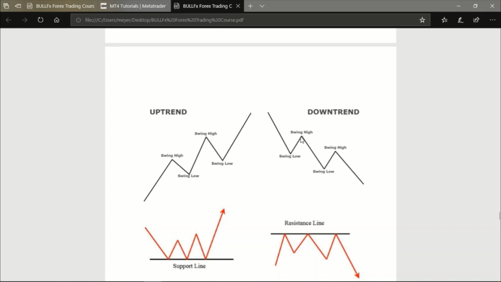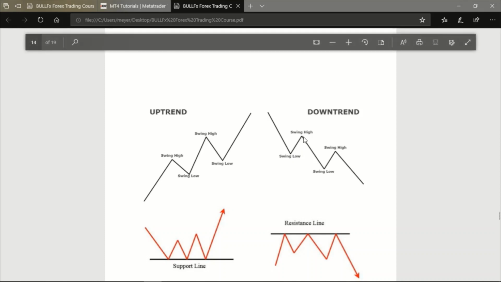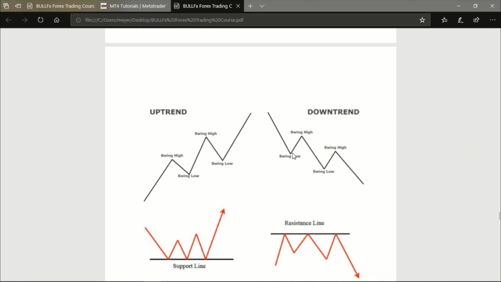So over here we've got a high point and we've got a low point. The market then moves up to form a higher low because this high is higher than this low over here. The market then moves down to form a low point over here where the swing low is, which is now called a lower low because it's lower than the initial low over here.